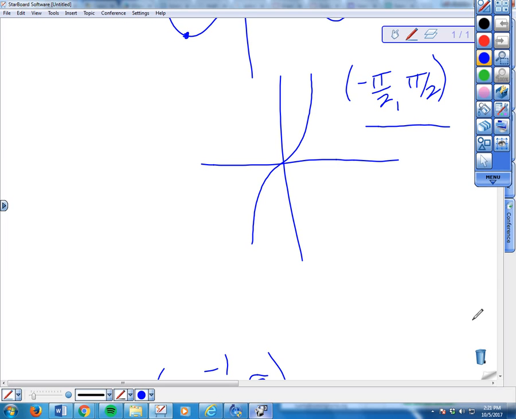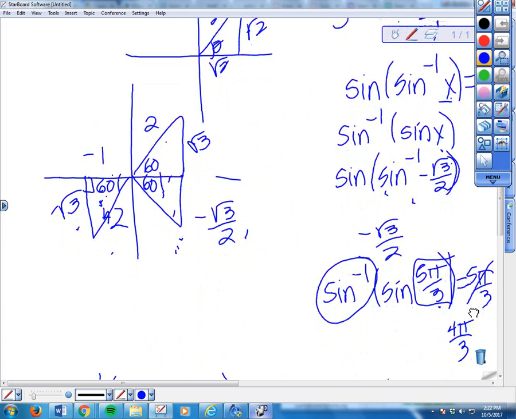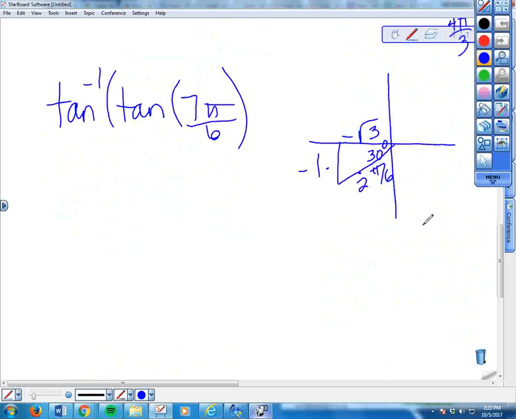This is pi over 2, this is negative pi over 2. My domain is restricted between these two, quadrants 1 and 4. This is in 3. This is in 3. And we just said that tangent here is the square root of 3 over 3, positive. So which quadrant, 1 or 4, should I try and find the same reference angle for? 1, because tangent's positive in the first.